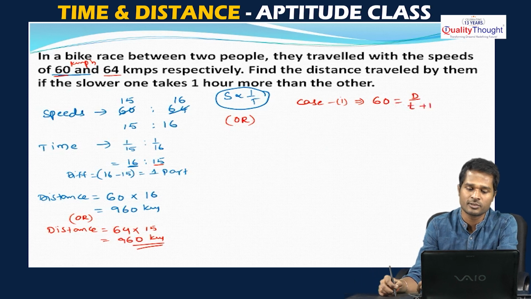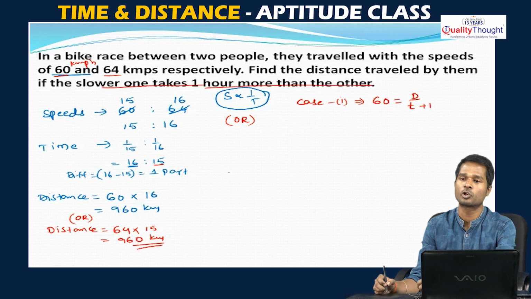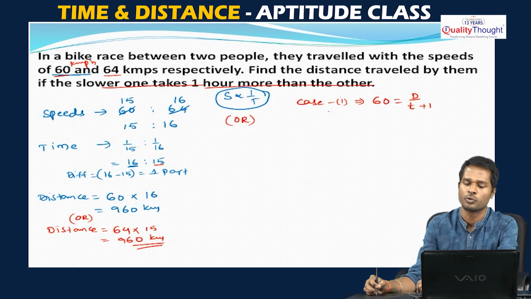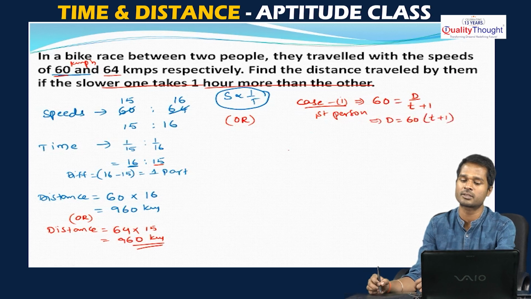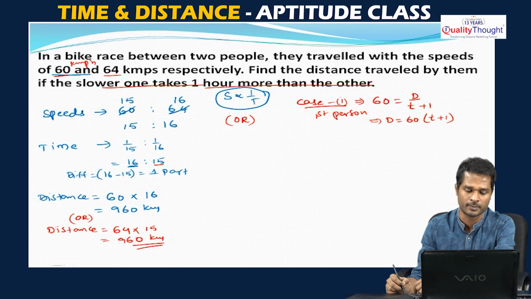Because the slower one takes 1 hour more than the other. So this is the first person. Now this you can write as d is equal to 60 into t plus 1. This is for the first person.